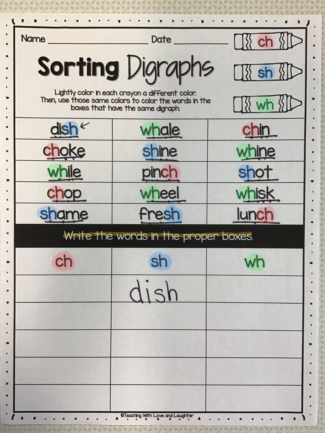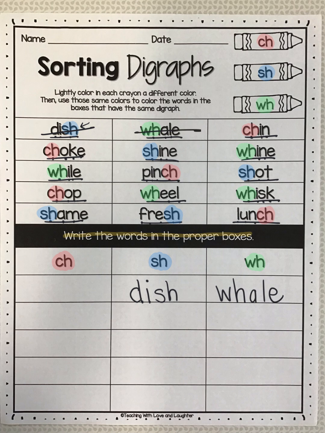And when I'm done, I'm going to cross it off. My next word is whale. I see the WH digraph, so I'm going to put whale underneath my WH column. W-a-l. Whale. Cross it off when I'm done.